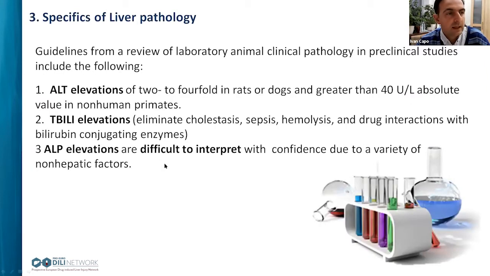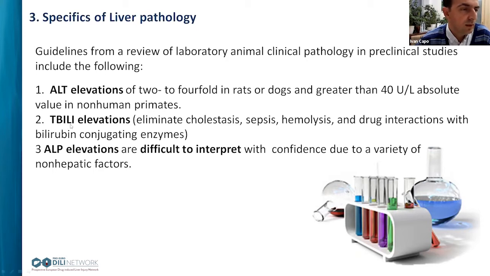Some guidelines for the interpretation of clinical studies say that alanine transaminase needs to be increased about 2 to 4 times in rats or dogs, and it can be a little bit greater in non-human primates. But I think these guidelines can be standardized in further investigation.